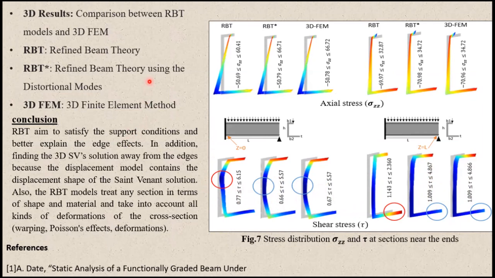In addition, it finds the 3D Saint-Venant solution away from the edges, because the displacement model contains the displacement shape of the Saint-Venant solution. Also, the refined beam model treats any section in terms of shape and material and takes into account all kinds of cross-section deformation, including beam Poisson's effect and distortion.